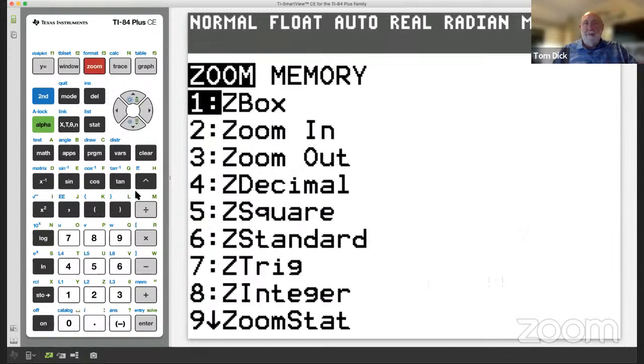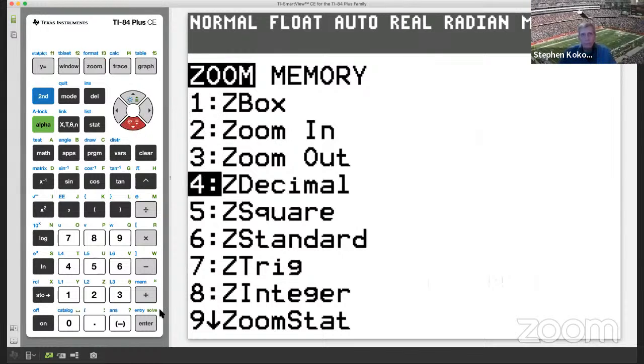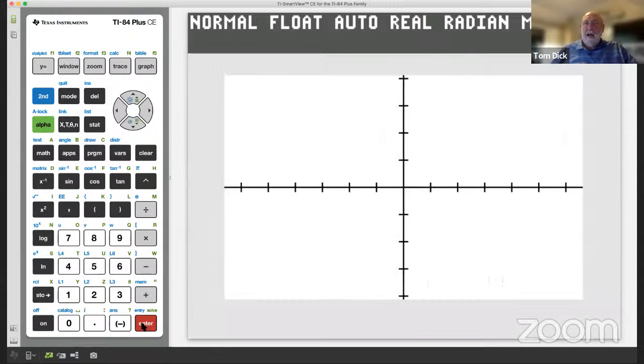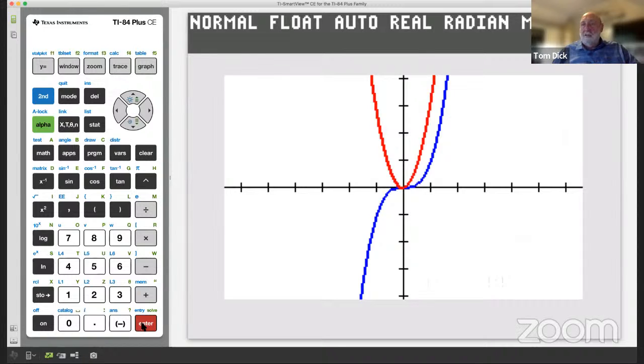So I'm going to go ahead and go back to my original Zoom decimal window here. And let's take a look at the graph of x cubed. There it is. And now we should see the graph of the difference quotient function. Oh my gosh, that looks like a familiar function, doesn't it? Let's see.